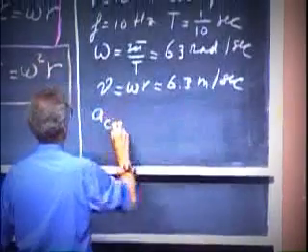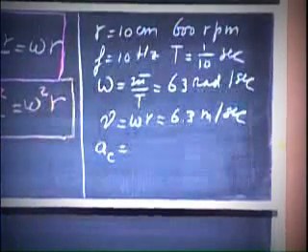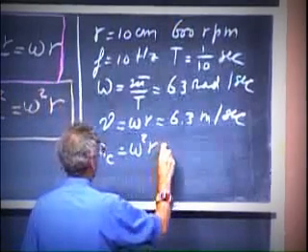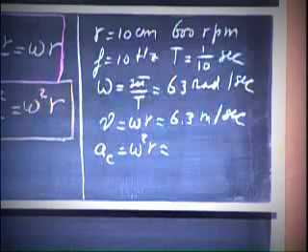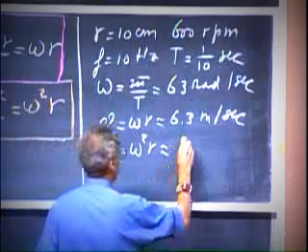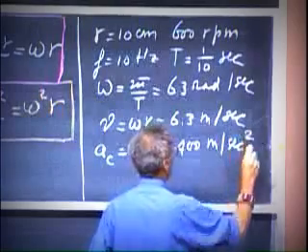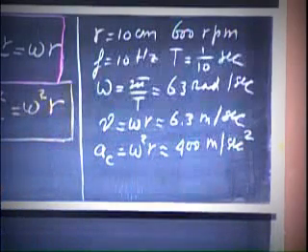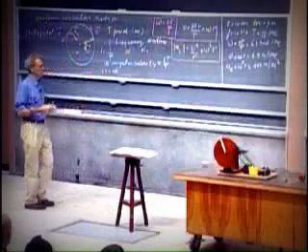The centripetal acceleration, and that's really my goal, would be omega squared r, or if you prefer, you can take v squared over r. You would get the same answer, of course, and you will find that that is about 400 meters per second squared. And that is huge. That is 40 times the acceleration due to gravity.